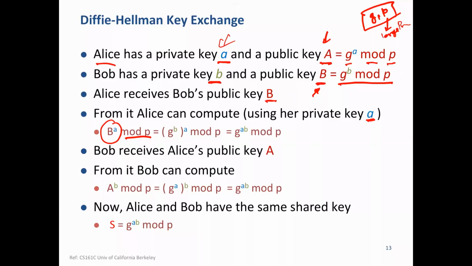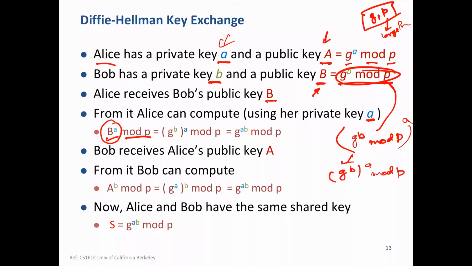Okay, all right. So now what do we get out of this? What is B? B is g raised to the power b mod p. There is a mathematical relationship: because B is g raised to the power b mod p, then the whole thing raised to the power a will turn out to be, by a property, g raised to the power b raised to the power a mod p.